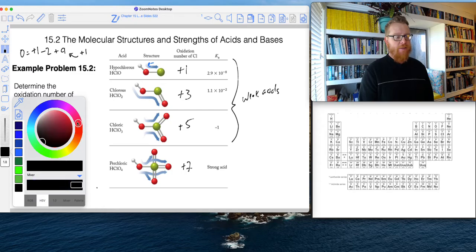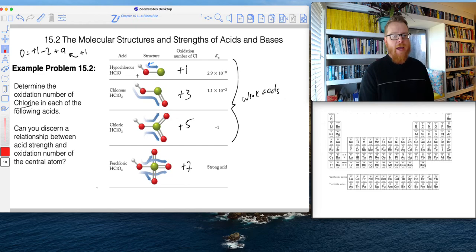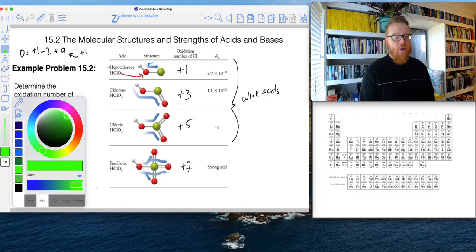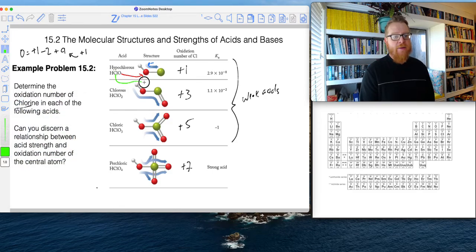Give me the red color. Perfect. So this red is oxygen right here. The white atom right there is hydrogen. And in these pictures, all of the green atoms are chlorine.